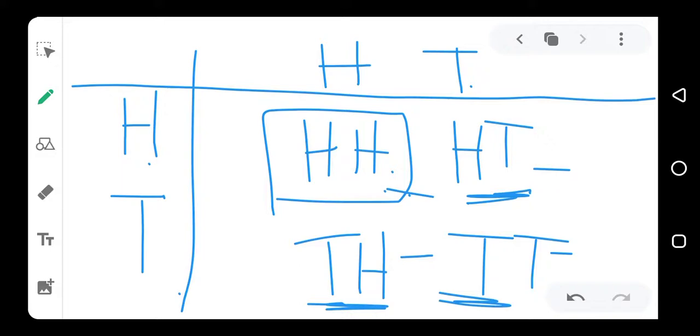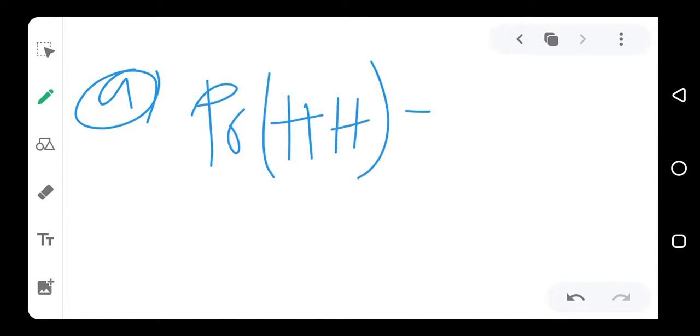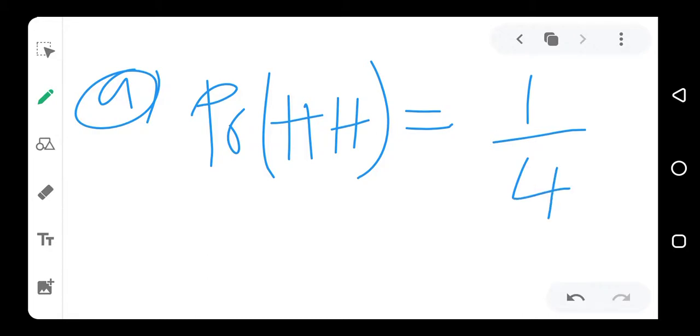So for A, the probability of getting HH is equal to total number of HH, which is 1, over the total number of events in the sample space, which is 4. 1, 2, 3, 4. So 1/4. This is the answer to number 1.